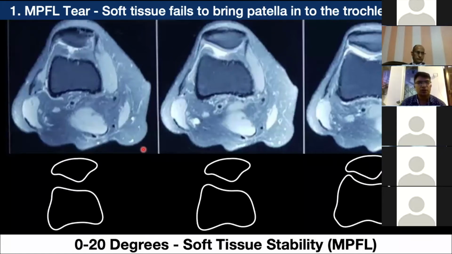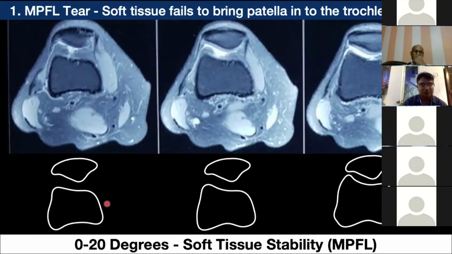So number 1 is the MPFL tear. When there is an MPFL tear, the soft tissue fails to bring the patella into the trochlear groove. If you see this MRI, which was taken at 0 degree, 10 degree, and 20 degree, and this is the diagrammatic representation, you see that up to 20 degrees the patella lies completely on the flat surface of the femur.